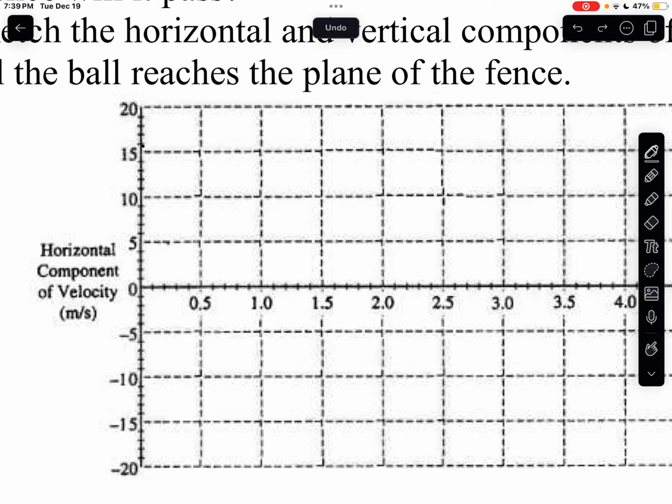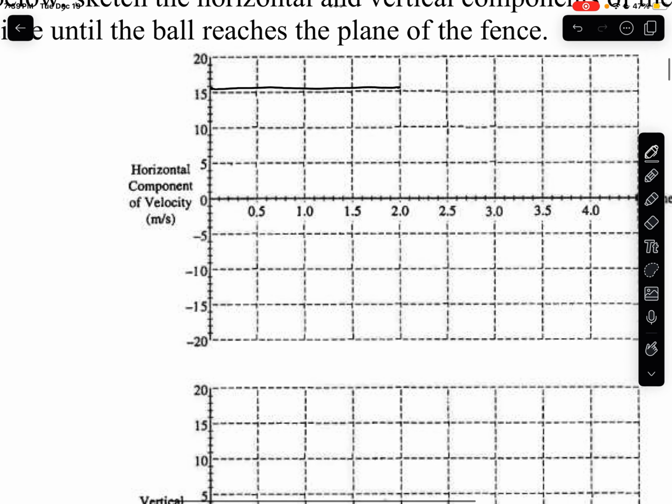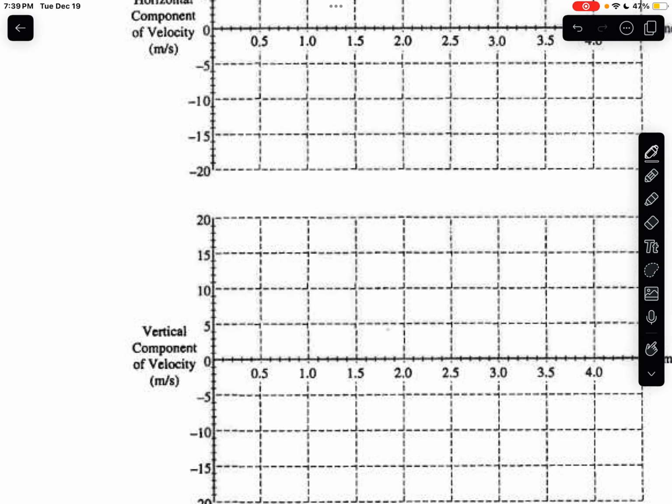Yes, and then I draw it until 2 seconds. Okay, that is a good enough straight line. So I stop at 2 seconds because that's when it reaches the plane of the fence.